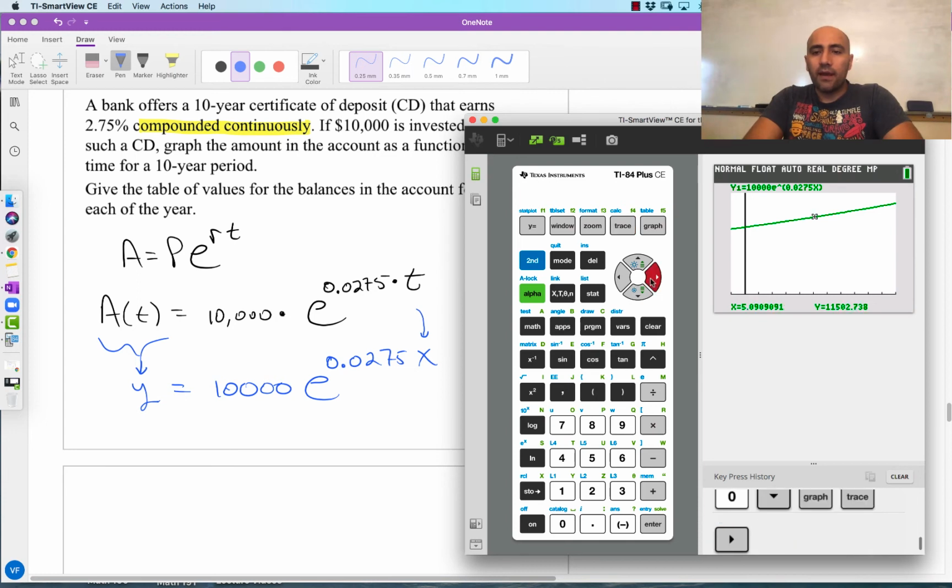However, we know that time is continuous. It's not just 1 year, 2 years, 3 years. This is being compounded continuously, every second of every minute of every day. So we can slide back and forth here and find the balance on our account at any specific interval of time. So this is after 1.2727273 years.